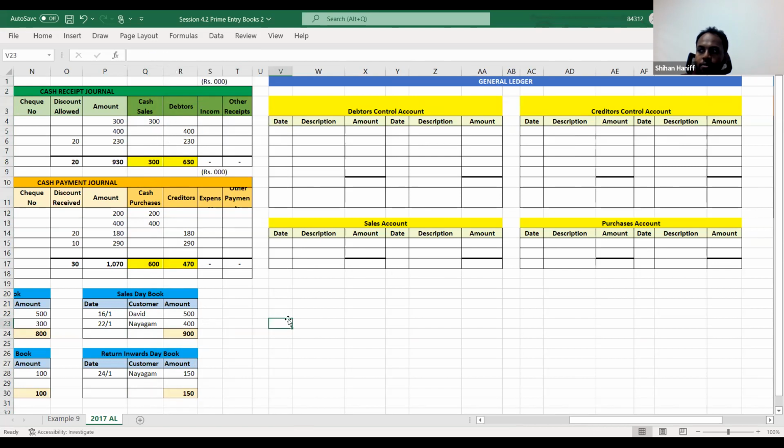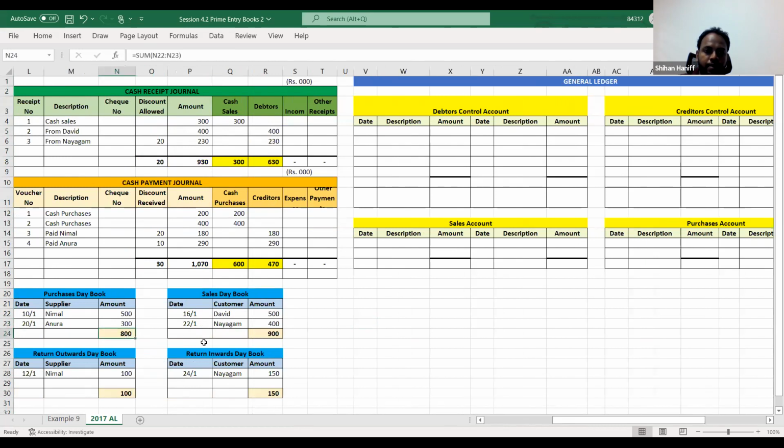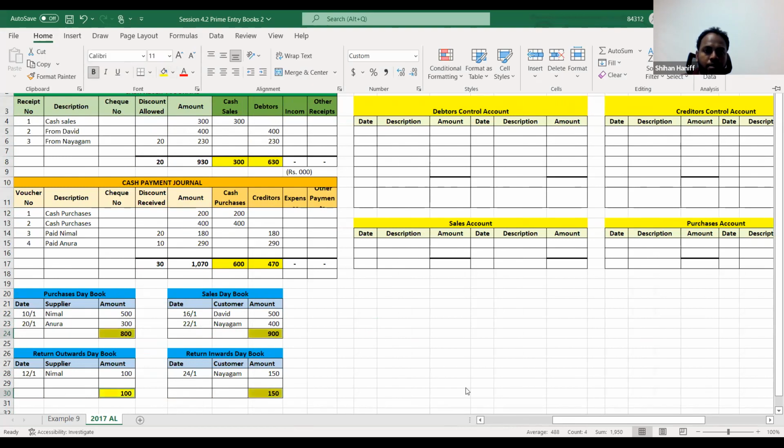Right? You can record the total. And these purchases, sales, return inward, return outward, these also you can take the total amount, the bulk amount.